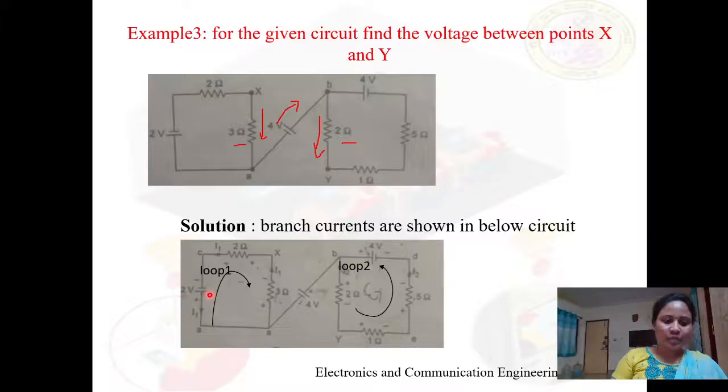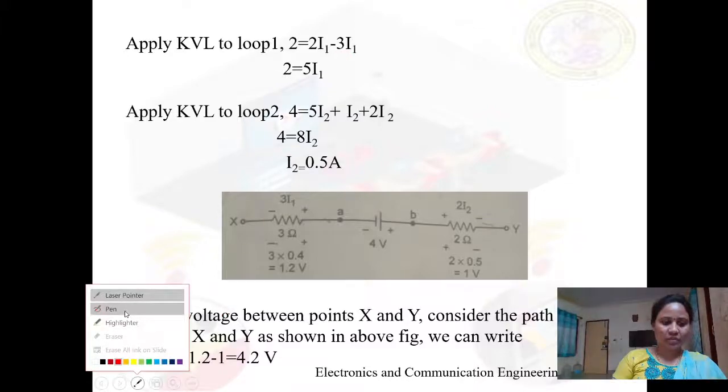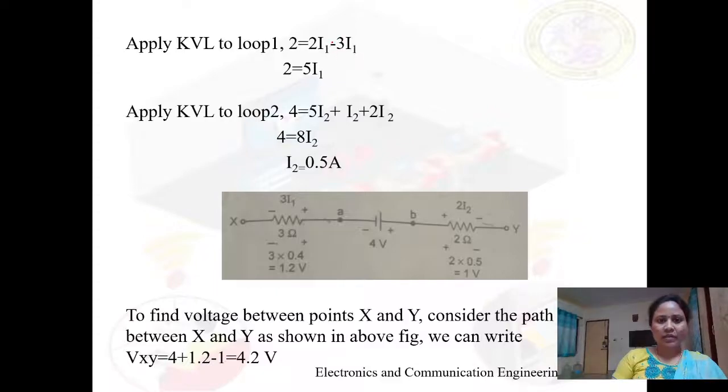I repeat, the 2 volts is -2, and for the 2 ohm it is +2 into I1 and +3 into I1, or 2 is equal to 2I1 plus 3I1, which is 2 is equal to 5I1, and we will get the value of I1 as 2 by 5, which equals 0.4.